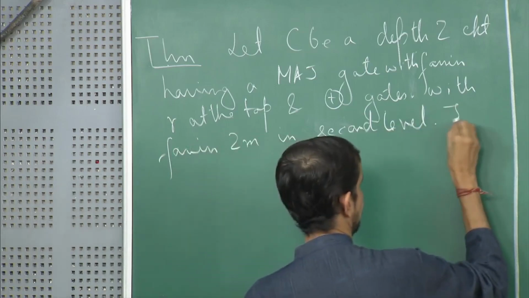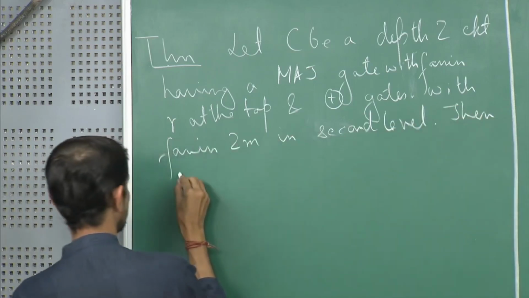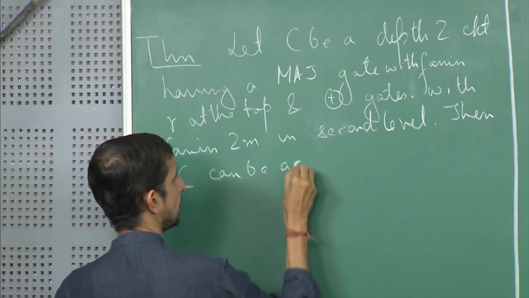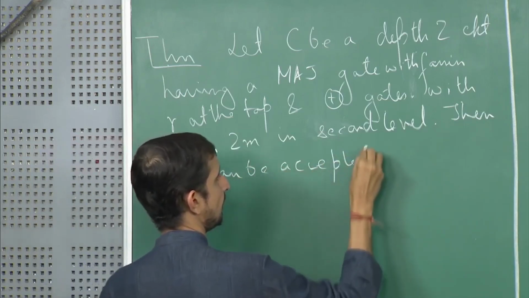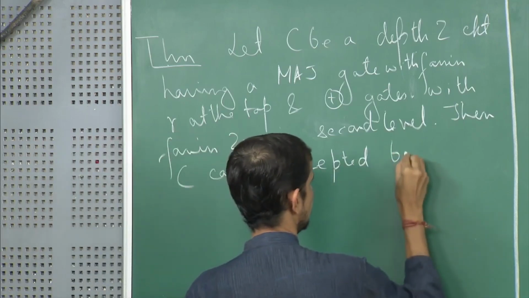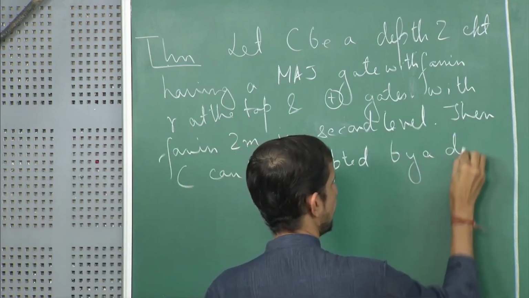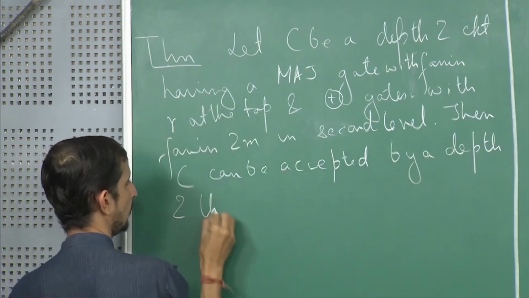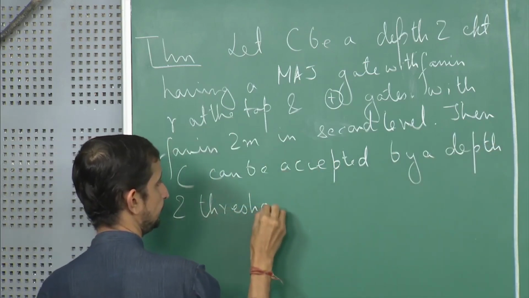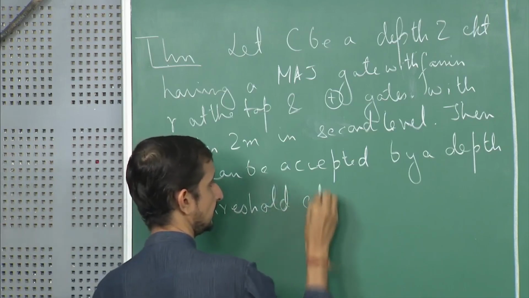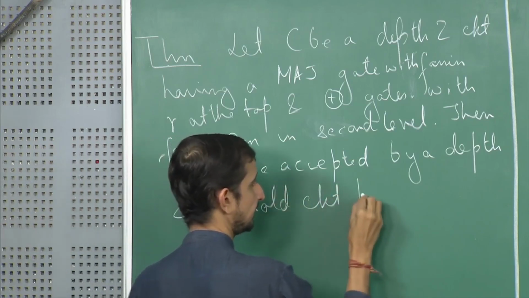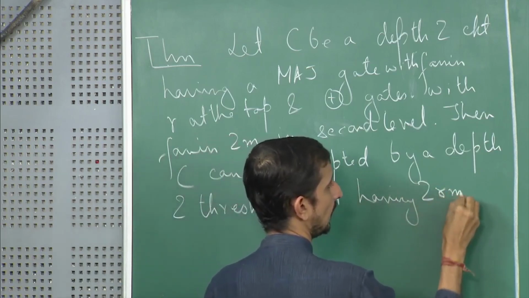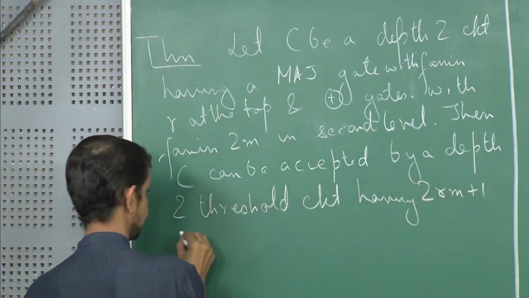Okay, then C can be accepted by a depth 2 threshold circuit having 2Rm plus 1 gates.